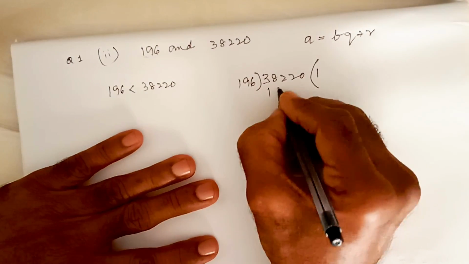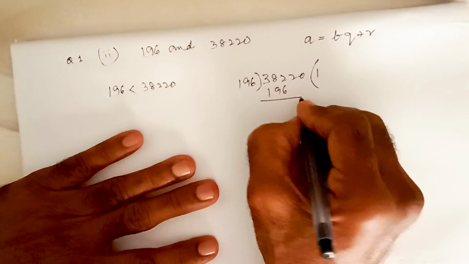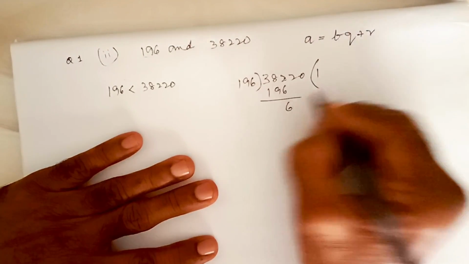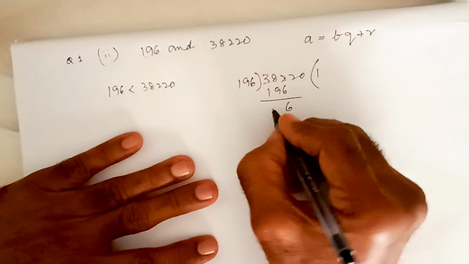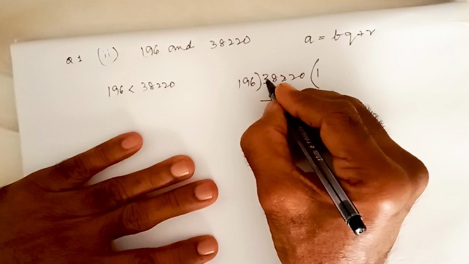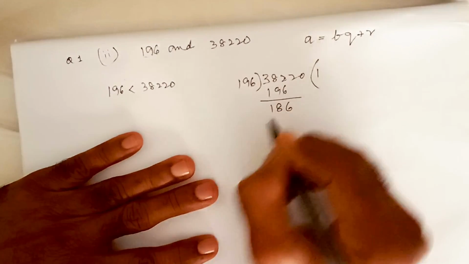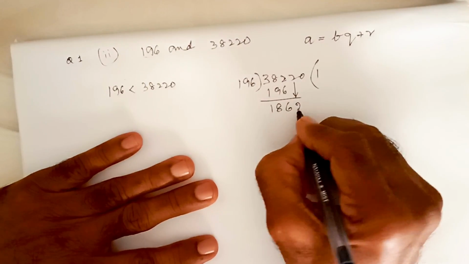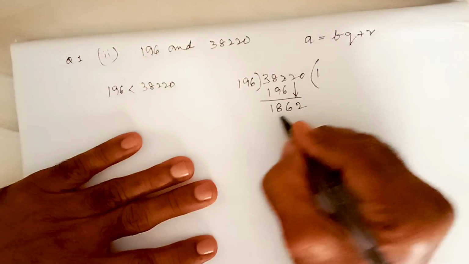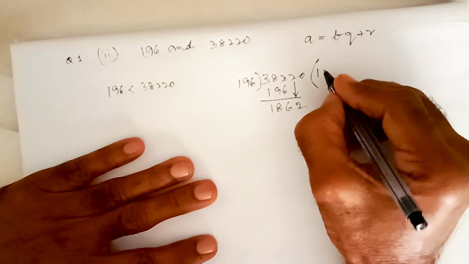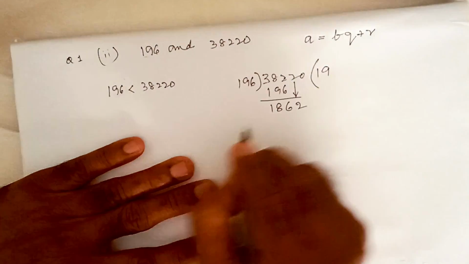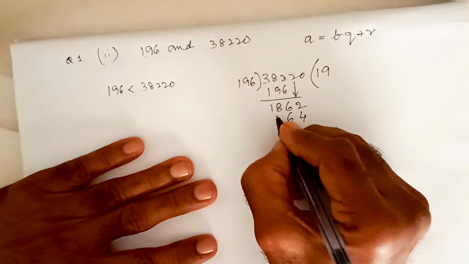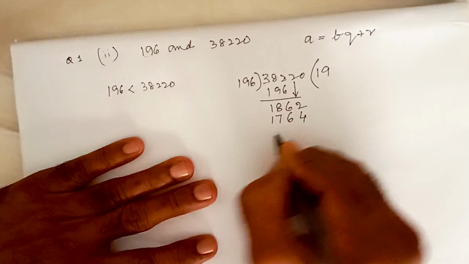Let us start doing it. 196 ones are 196. 12 minus 6 is 6. 7 minus 9 is 8. We get 2 here. 2 minus 1 is 1. Now bring this 2 down to 186. So it will be 1862. Now it goes 9 times, which is 1764.